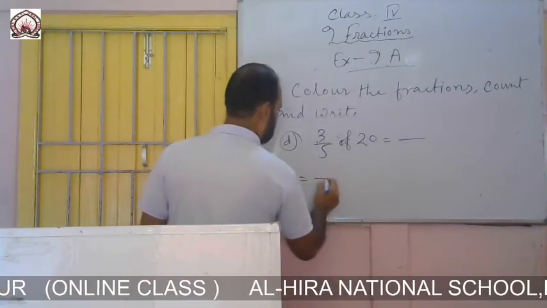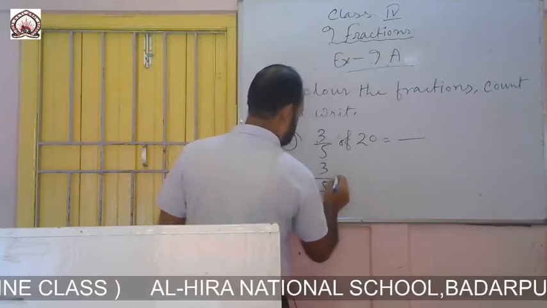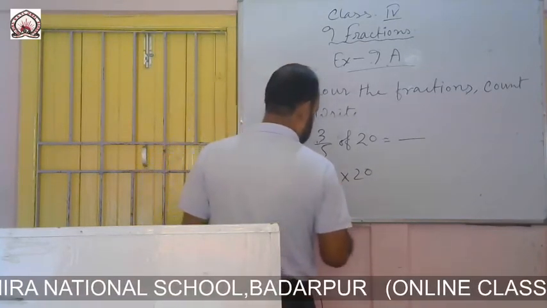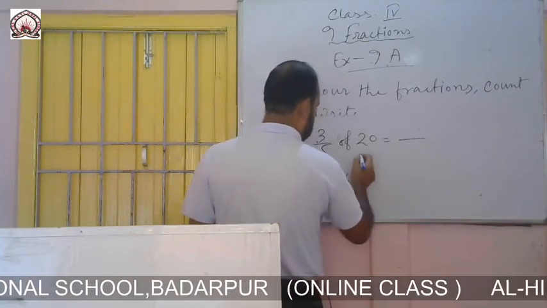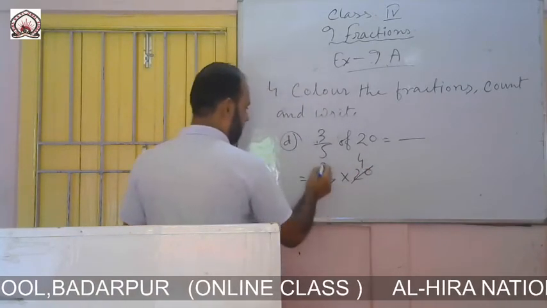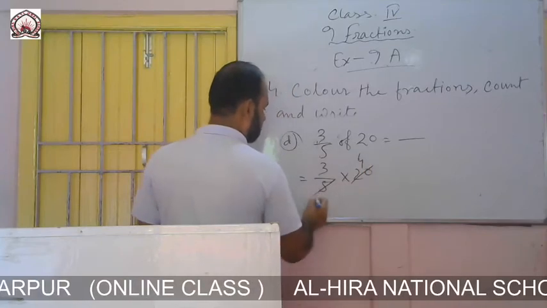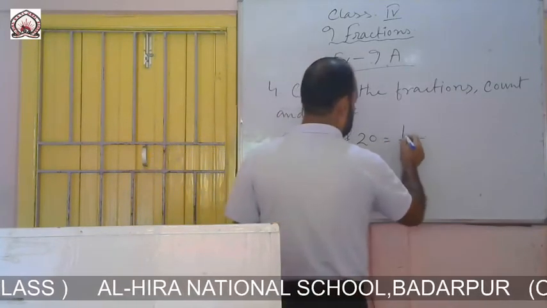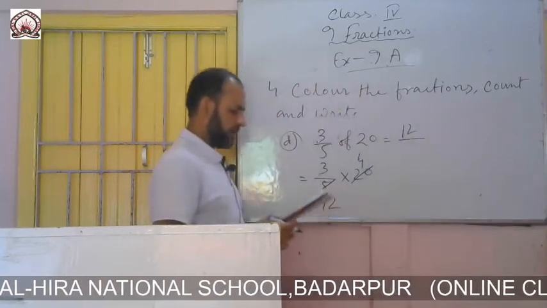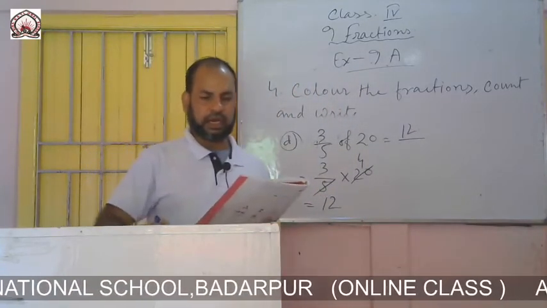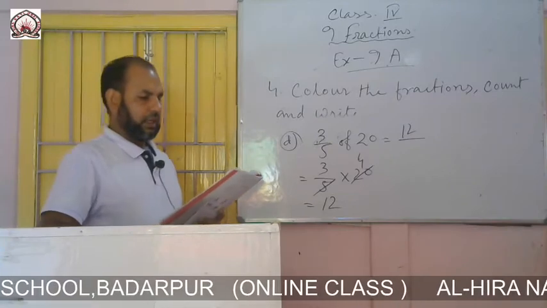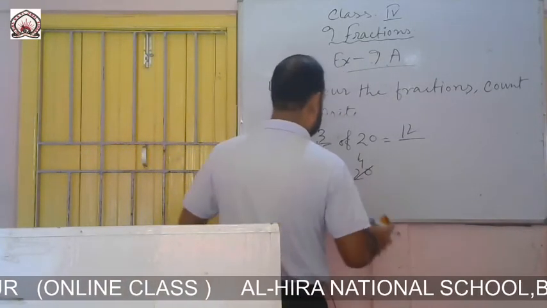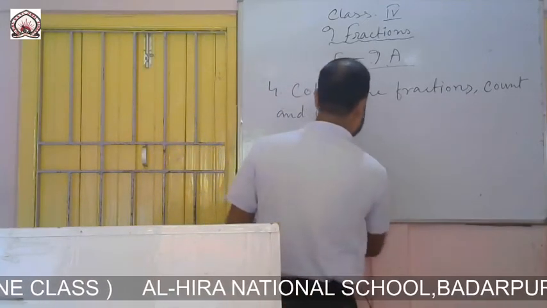So here 3/5 into 20. 5 1 is 5 and 5 4s are 20. So there 3 into 4, 3 4s are 12. So here answer is 12. You have to color 12 triangles.